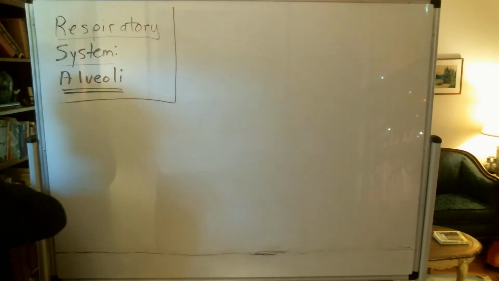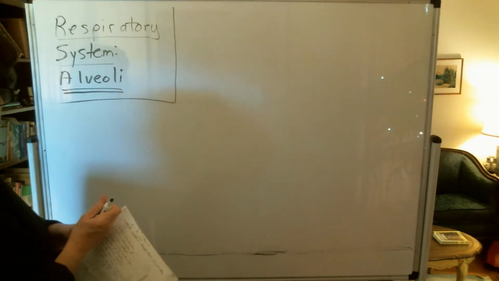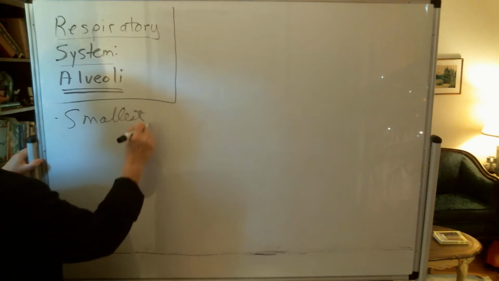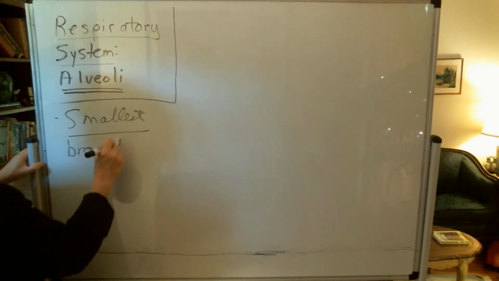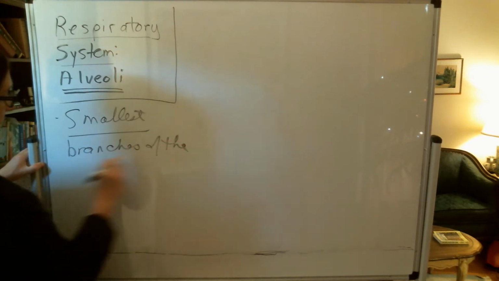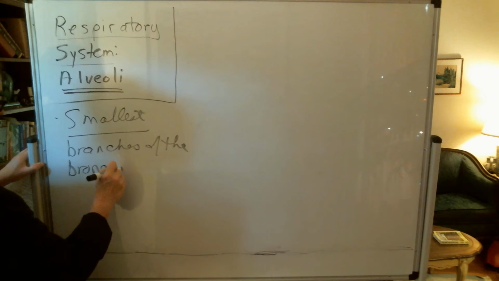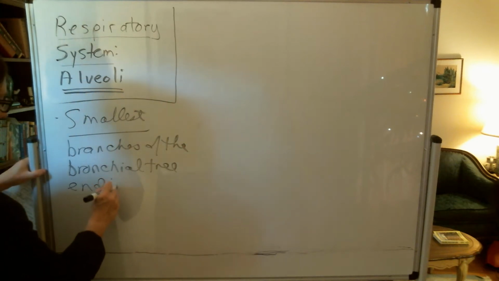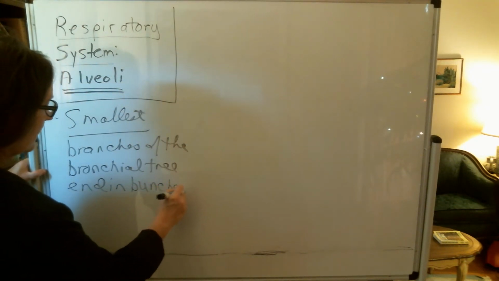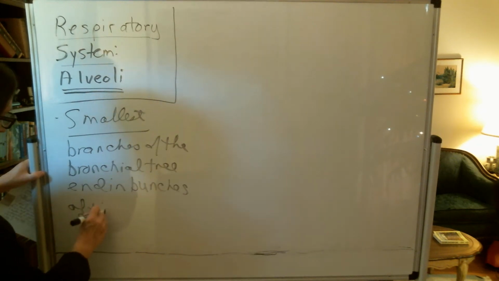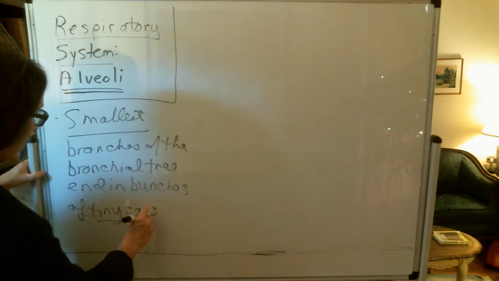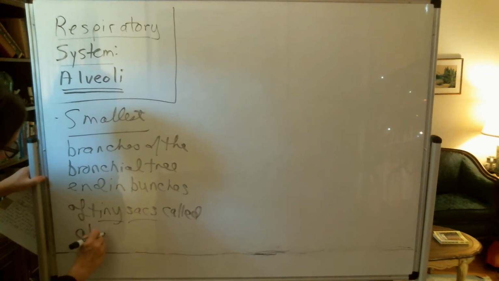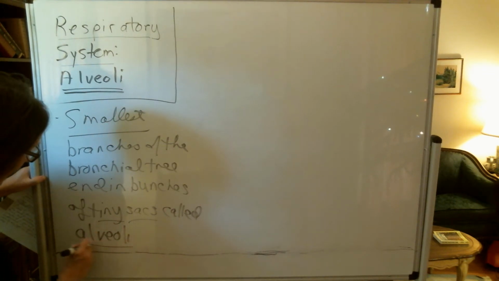So, following on from the lecture on the bronchial tree, now the smallest branches of the bronchial tree end in bunches of tiny sacs that are called alveoli.